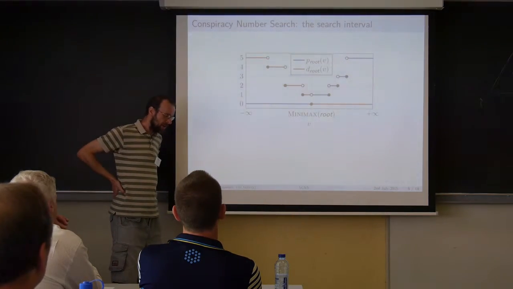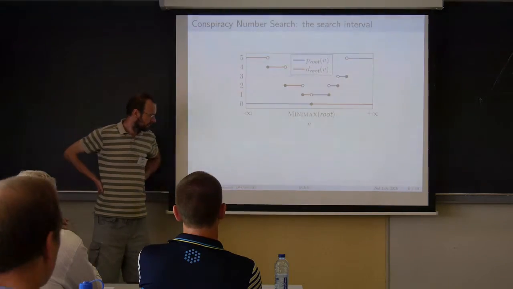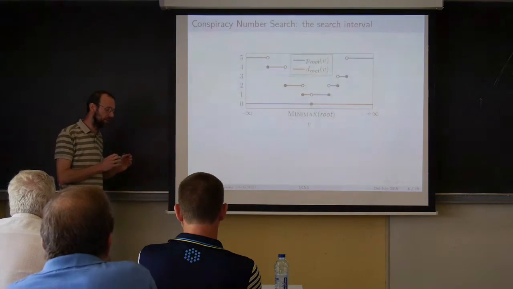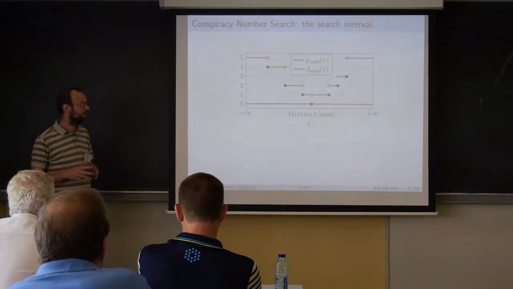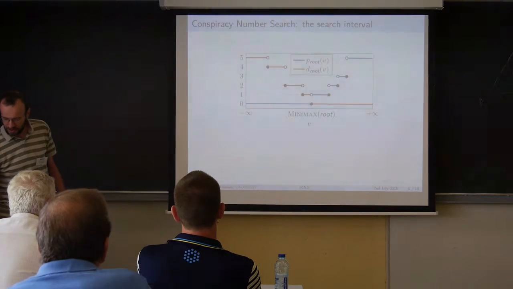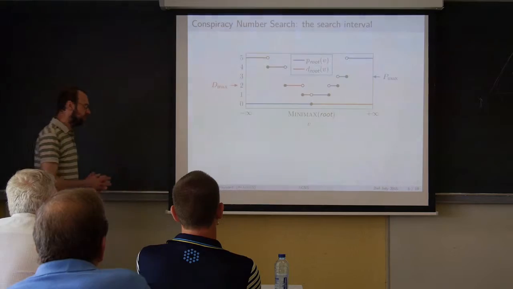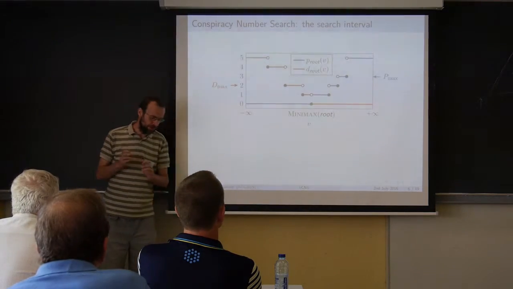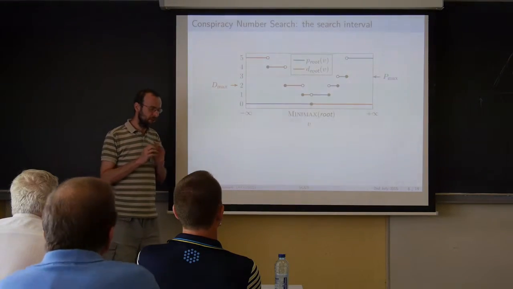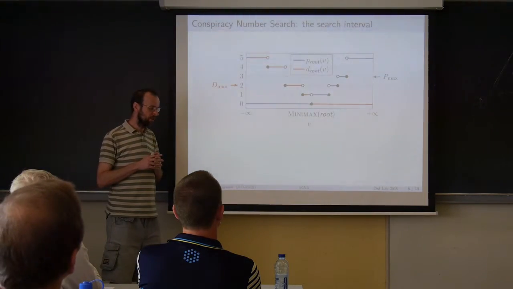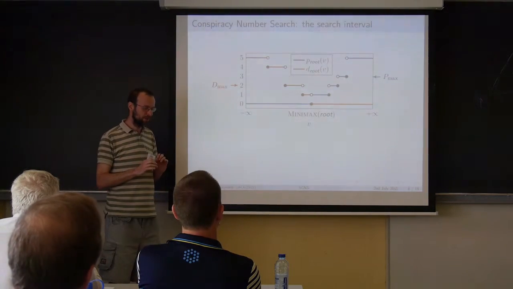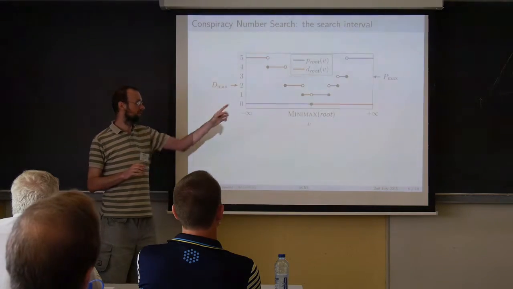The main thing in conspiracy number search is to choose these Vmax and Vmin values, which we call, maybe a little misleadingly, the search interval, but let it be the search interval. For that we have to define how difficult these targets could be. We say that we don't want a target more difficult than one such that we need to expand at most Pmax leaves.